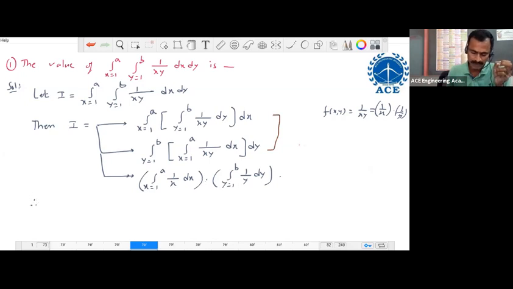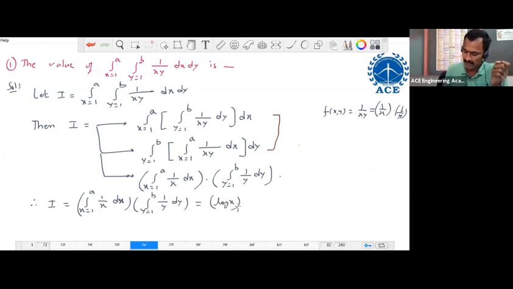Therefore, the integral I equal to integral x equal to 1 to a, 1 by x dx, integral y equal to 1 to b, 1 by y dy, equal to log x from 1 to a, log y from 1 to b, equal to log a minus log 1.